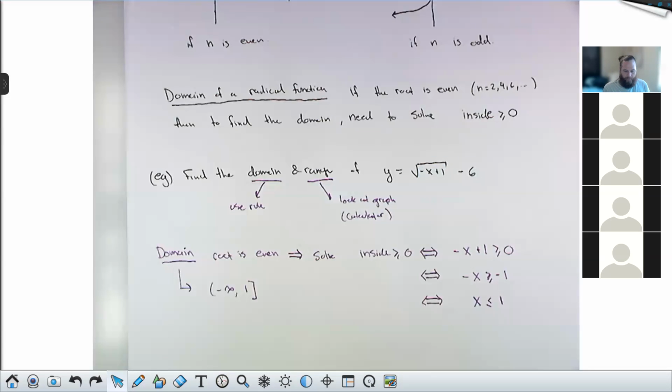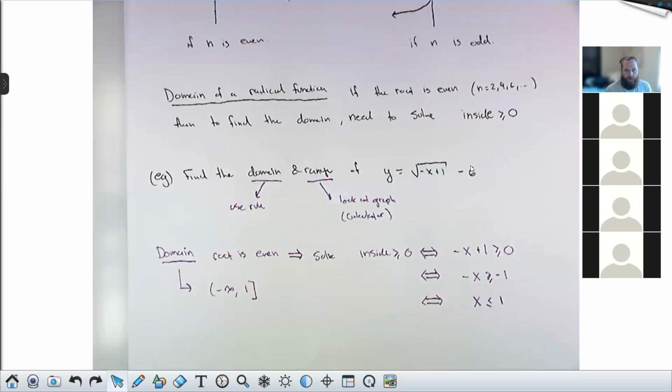The thing I recommend when you're thinking about domains for expressions in general is ask, how could you upset this expression? How can you make this thing angry? The only way to make a function like this angry is if you ask it to take the square root of a negative. What you're plugging in for x, this 6 doesn't care about that.